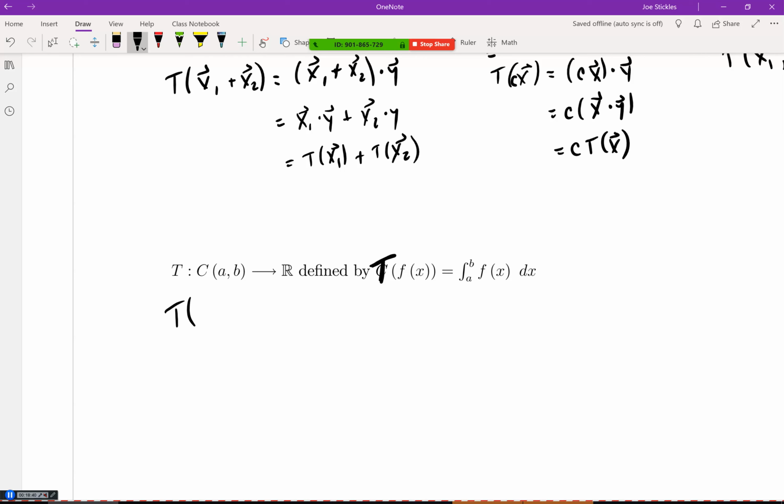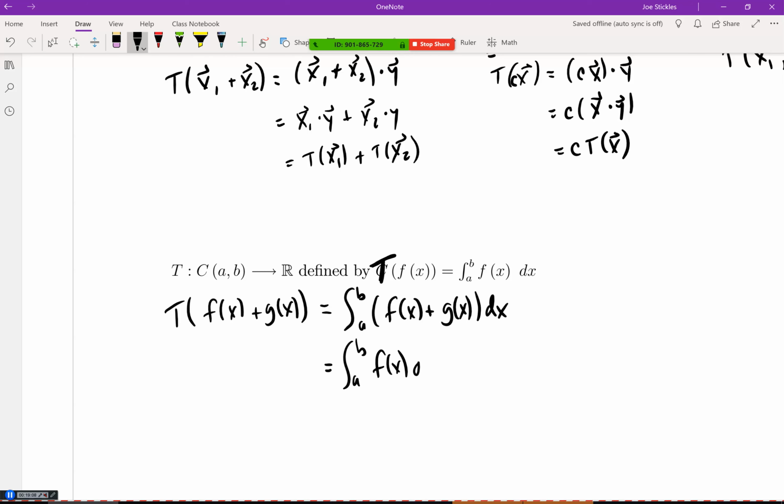So again, if I have 2 functions, I want to show that the transformation breaks up over sums, and this is just going to be a little bit of calculus review, essentially. So the transformation says to put the sum in for the integrand, and then from what we know from calculus, the integral breaks up nicely over the sum.